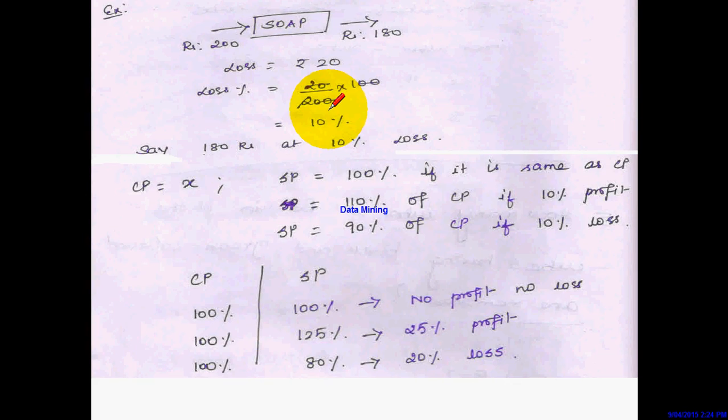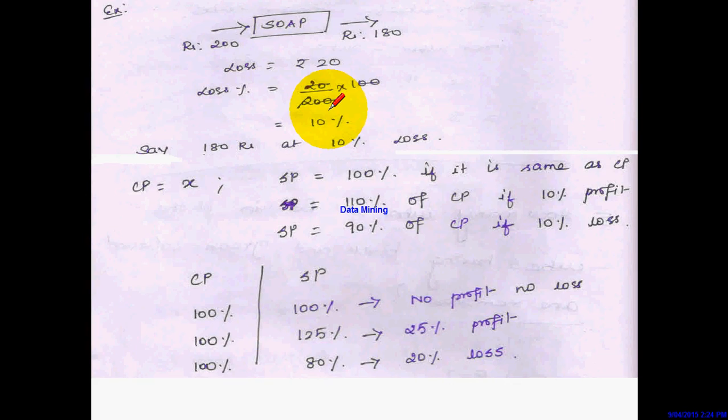They'll not always give it in such a way. There is an indirect way of delivering a problem, isn't it? In a particular problem, they may not mention your selling price. Simply what they'll say is that I sold an article for so and so price, so that it incurs a 10% profit or a 10% loss, whatever it may be.